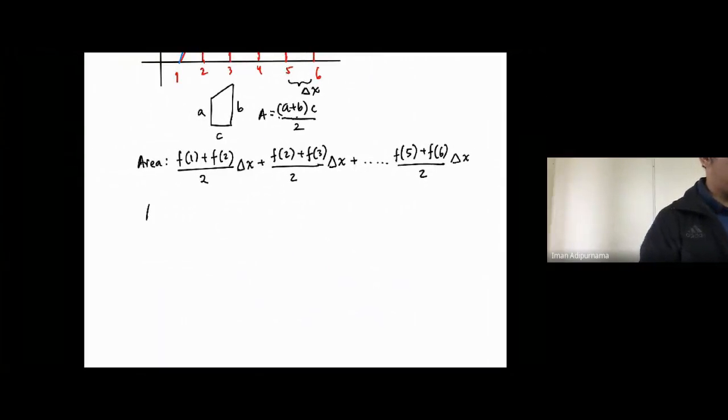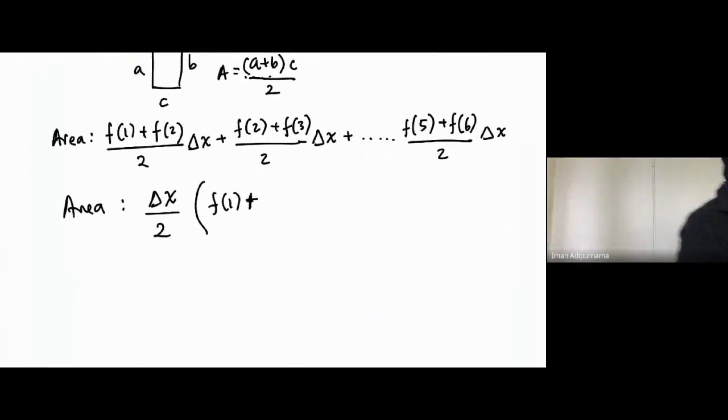Let's factorize. You get delta x divided by 2. You get f1 plus 2 f2, 2 f3, and so on.